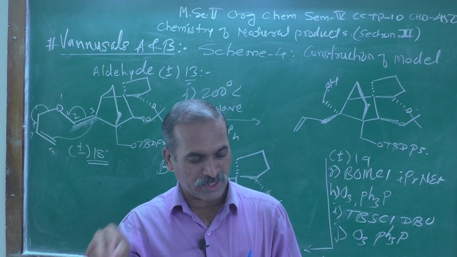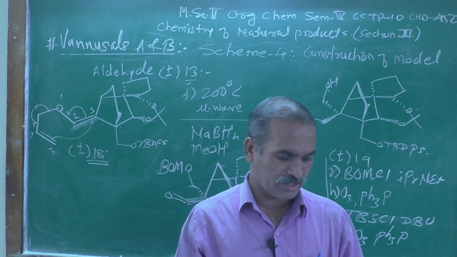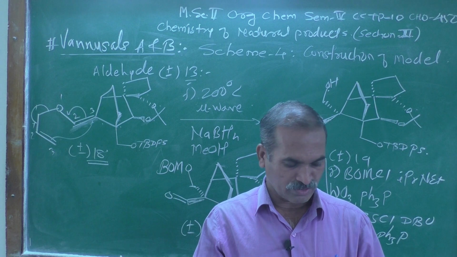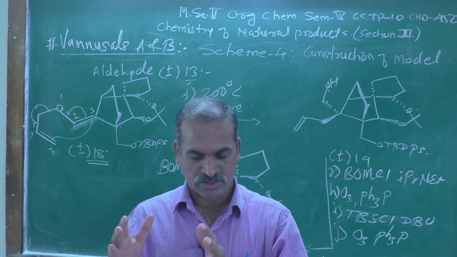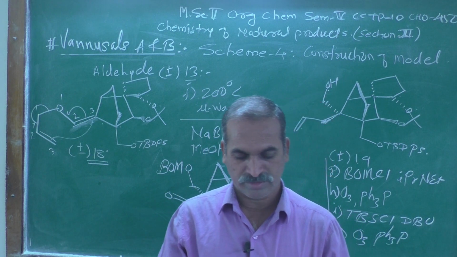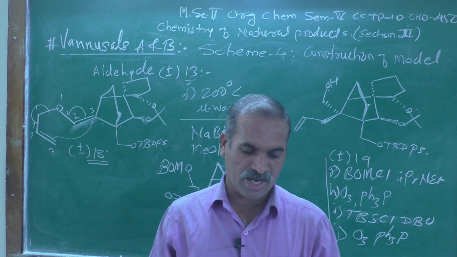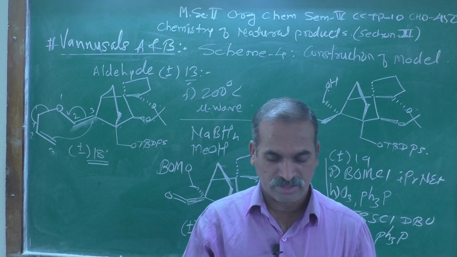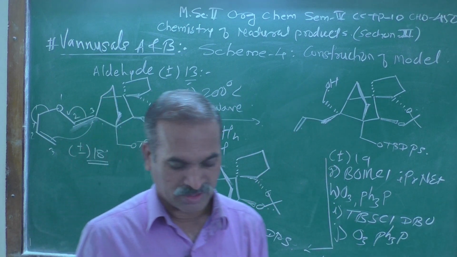On treatment of 18 with reagent F, we get structure number 19, and 19 is further treated with reagents G, H, I, J, and we get structure number 13, which is shown over here.